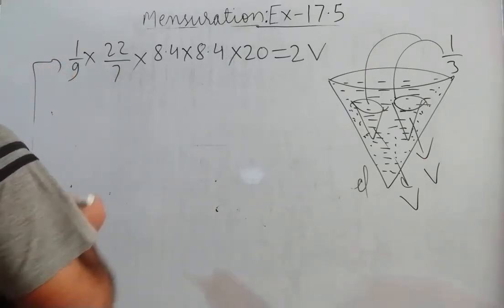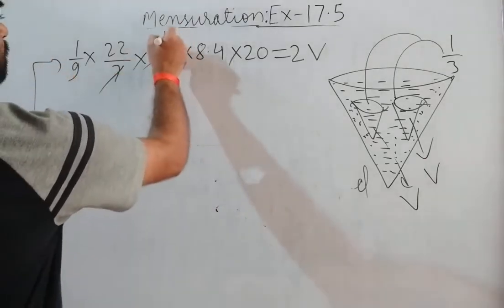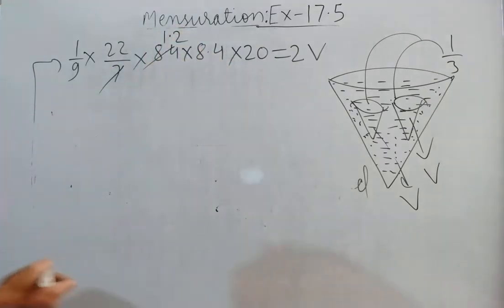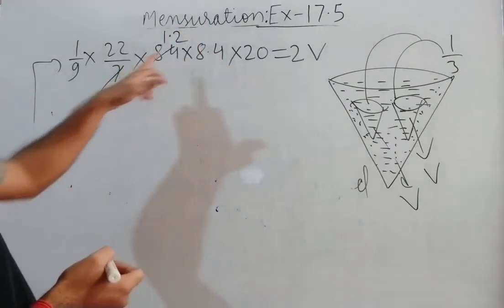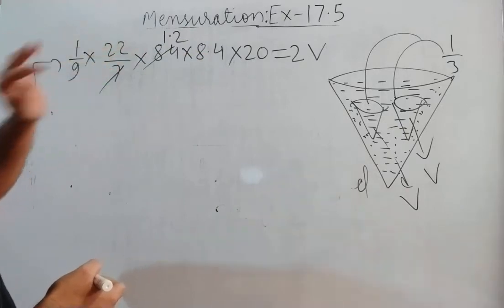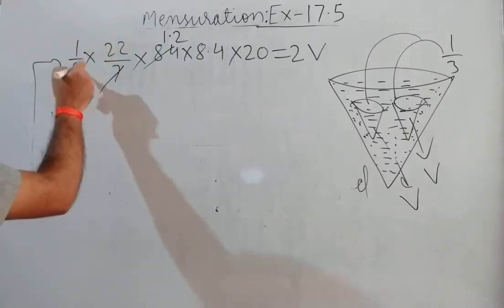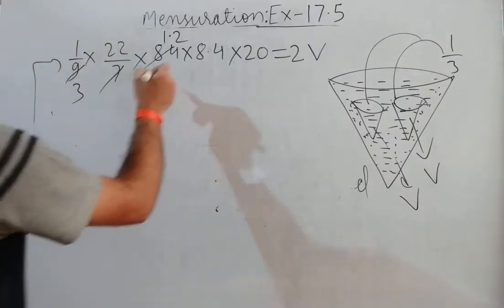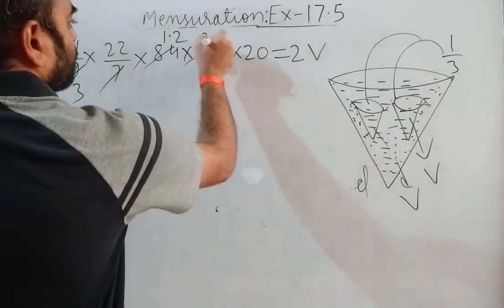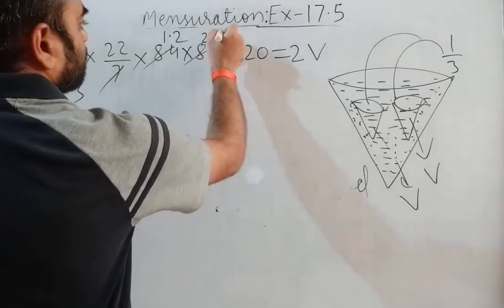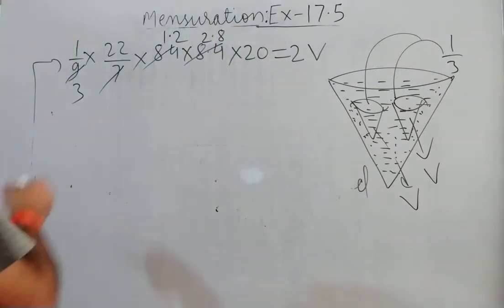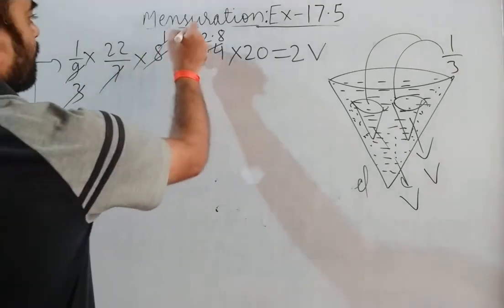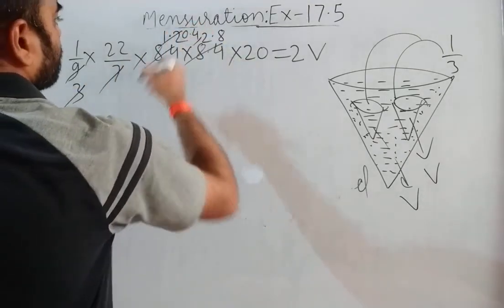We can cancel these two. Then from 9 we can cancel 12, and then again 0.4.